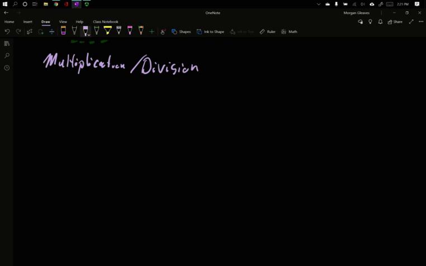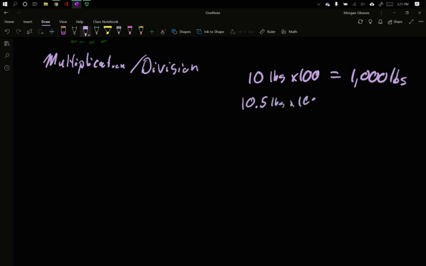But the basic idea is if you know something is about 10 pounds and you have 100 of them, I'll just say 10 pounds times 100 would look like 1,000 pounds. Well, if you knew your weight very accurately and you had 10.5 pounds times 100 packages, that would be 1,050 pounds.